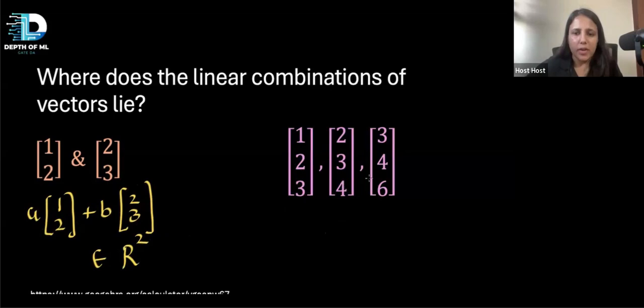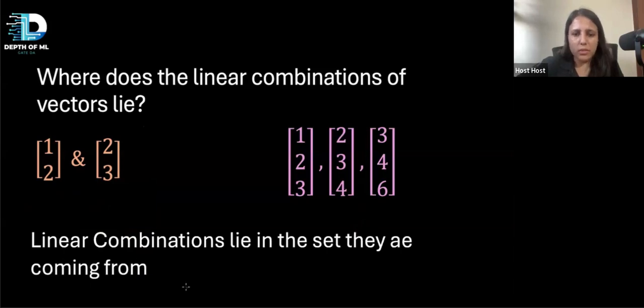Similarly, these three vectors, if I tell you that they are linearly independent, can you tell me where the linear combination will lie for these three vectors? You can comment on the chat. R3, right? So linear combination will lie in R3. Fine. But is this going to be the case always?